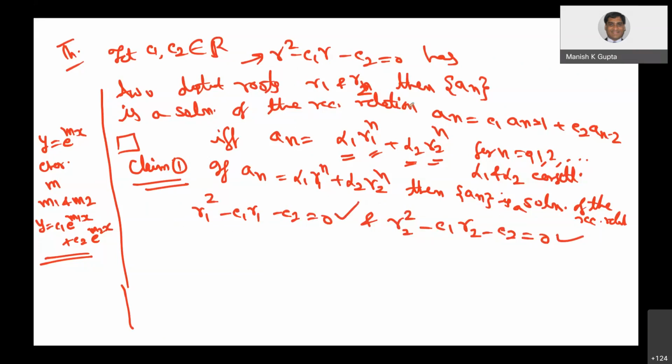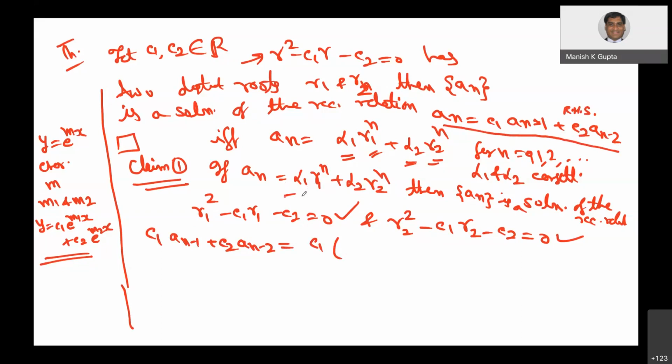Now I consider, so this is our recurrence relation, remember, an is equal to c1 times an minus 1 plus c2 times an minus 2. I consider the right hand side of this equation. So consider c1 times an minus 1 plus c2 times an minus 2. So this will be c1 times an minus 1.